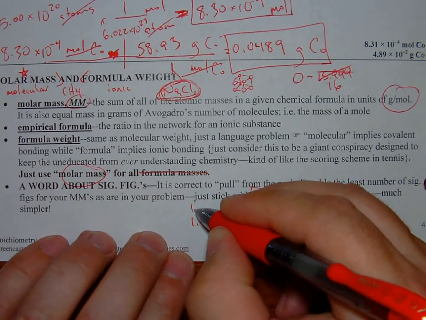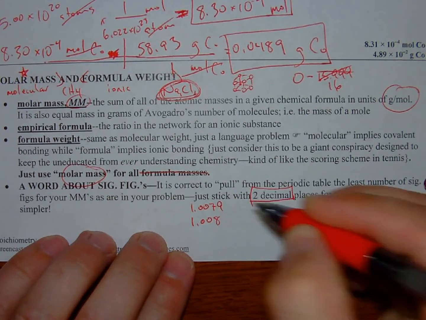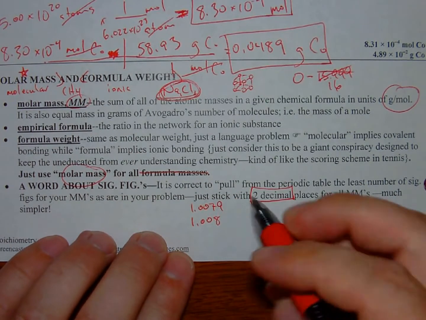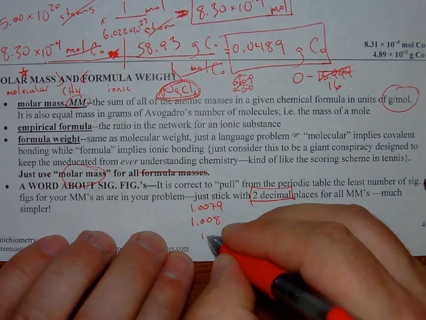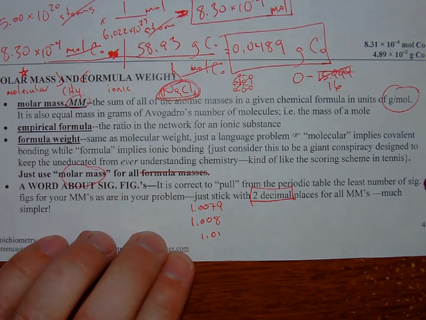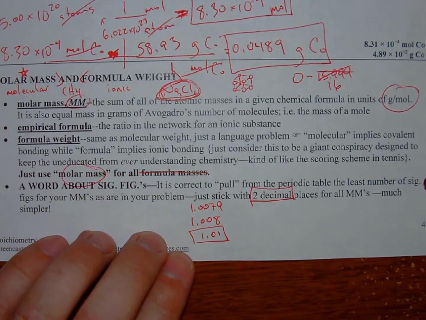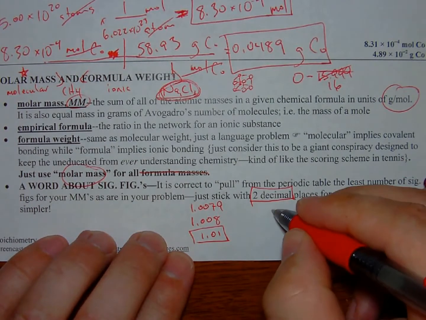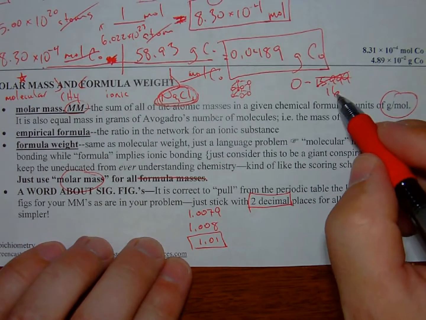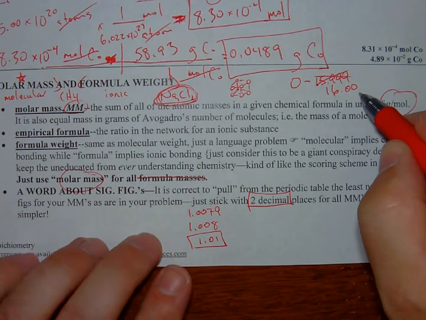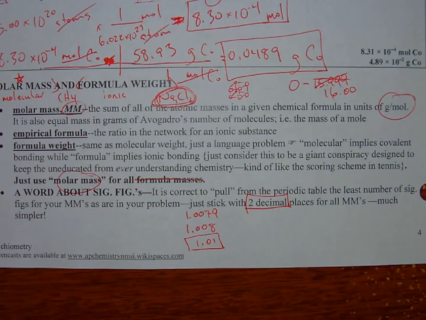Or maybe you have a periodic table that says 1.0079 grams per mole. And this is more accurate than this. However, the difference is not so significant that we wouldn't get essentially the same answer if we used 2 places past the decimal. Or in the example of oxygen up here, I'm going to end up using 16.00. Again, 2 places past the decimal. It'll be good enough, A-OK, and it'll keep things simple for you.